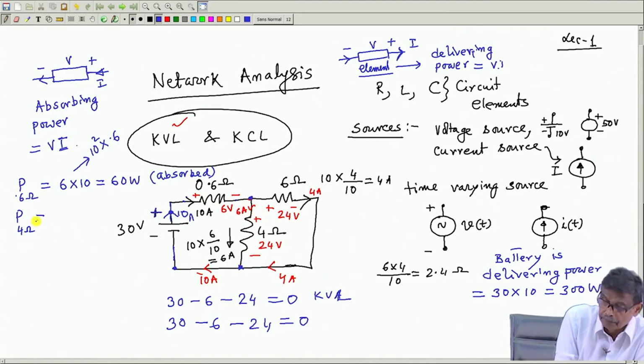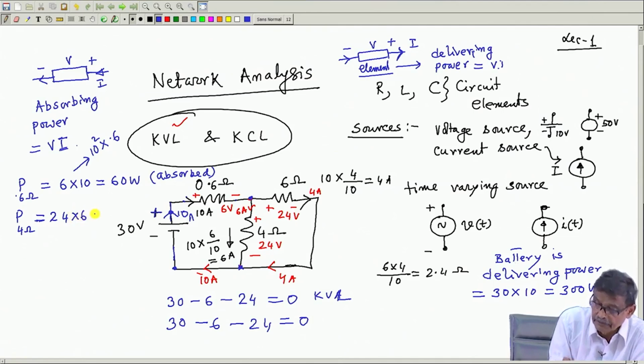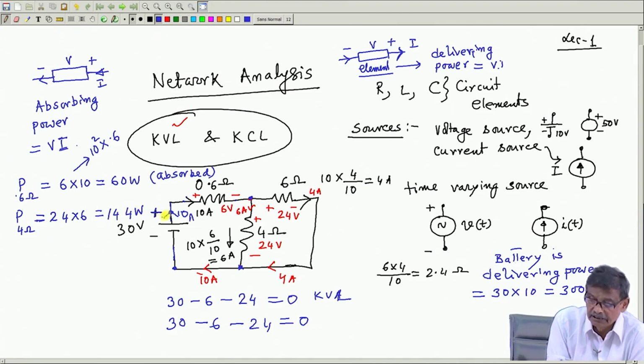Therefore, through this 4 ohm resistance, power absorbed is 24 voltage across it into 6 ampere, and it will be equal to 144 watts. This will be the power absorbed by the 4 ohm.